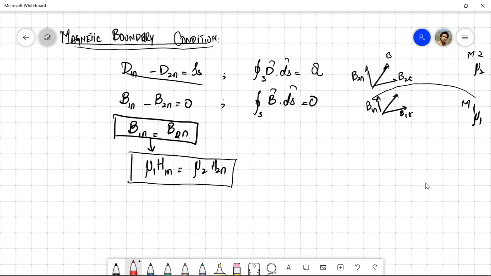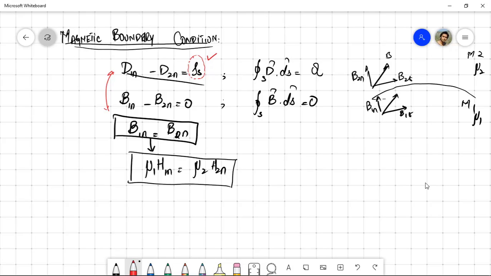We can see from this equation that the normal component of D was not continuous across the boundary if there is a surface charge density present on the boundary itself. But in case of magnetic flux density, the normal components are continuous across the boundary. So these two things are in contrast. The magnetic field is behaving in an opposite way as compared to the electric field.